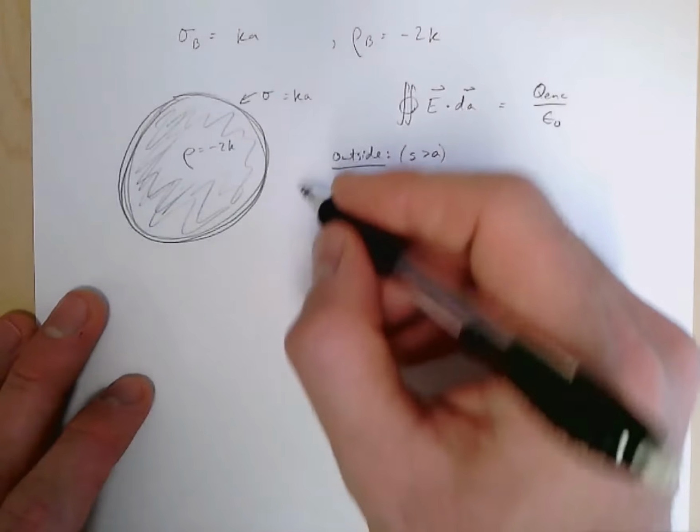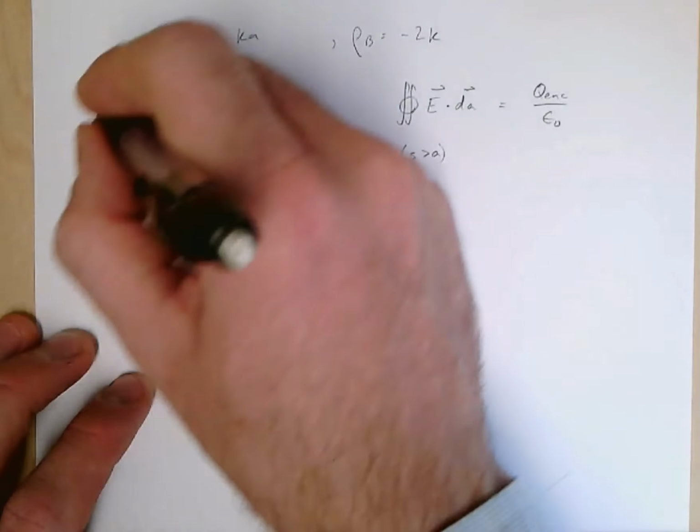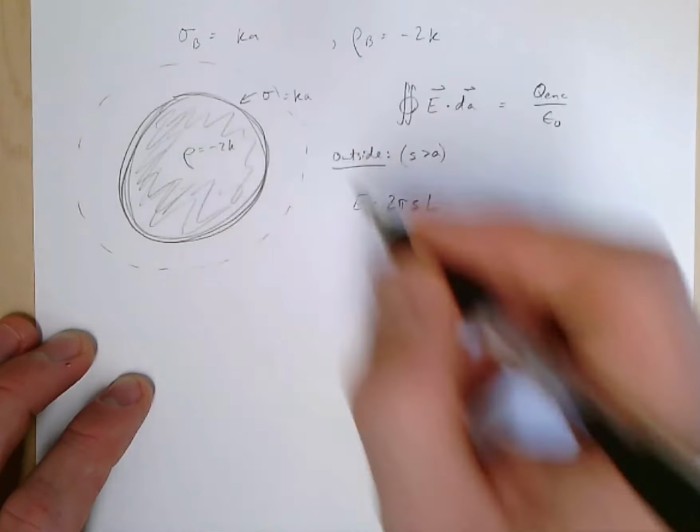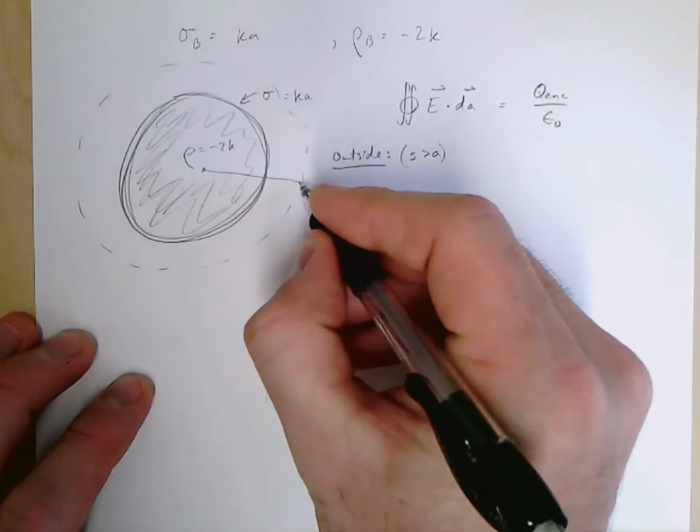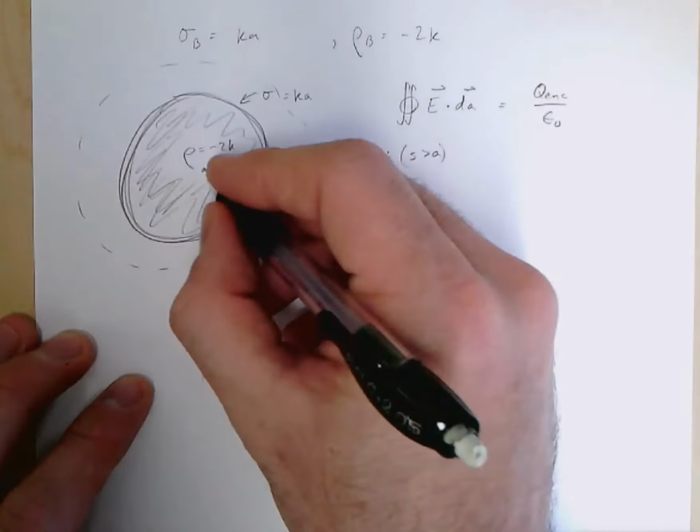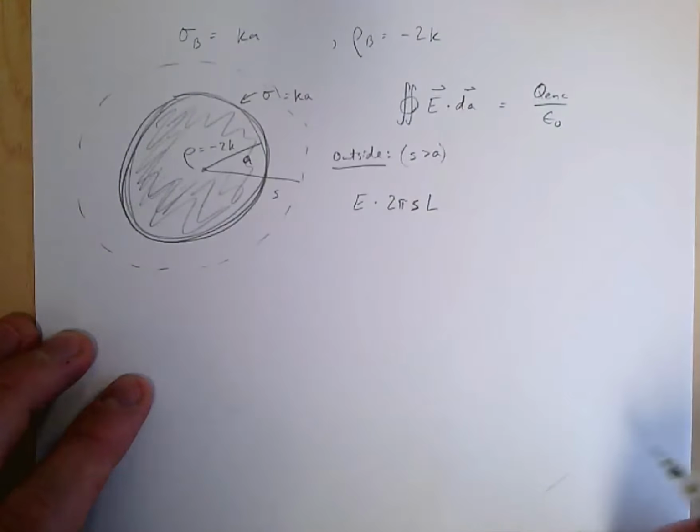Remember that this is now a Gaussian surface going around the outside, somewhere on the outside, and that has a radius of s, some s, whereas this is a here, just to be clear.